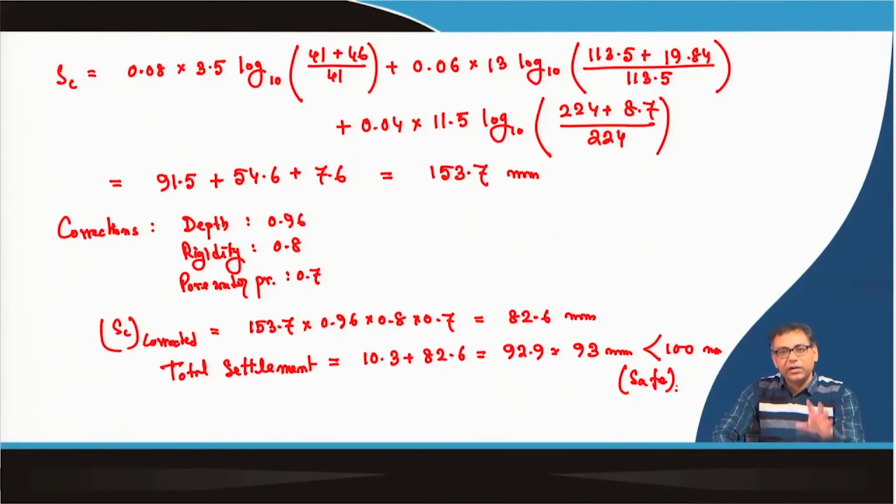But suppose you are doing a rectangular or square raft or a circular raft, then in those cases you have to use the plate on elastic foundation. That concept I have given for beams on elastic foundation, and it is a similar concept, so you can use it for the plate and analyze.